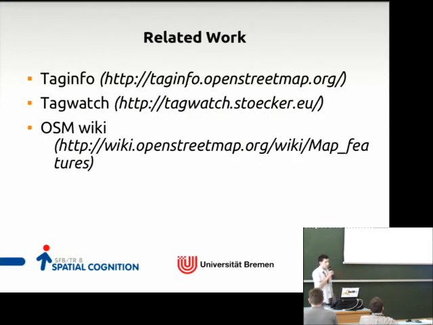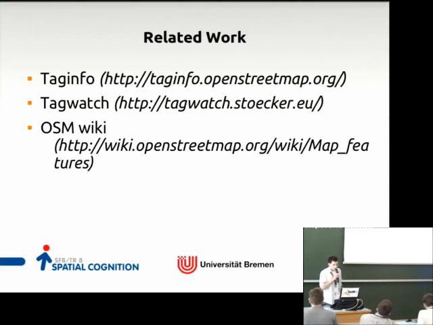Shortly about the related work, which we use more or less. Of course, you all know the Wiki of OSM, and we got the page about map features there, which lists more or less nearly all of the tags which are in use or which should be used at the moment.